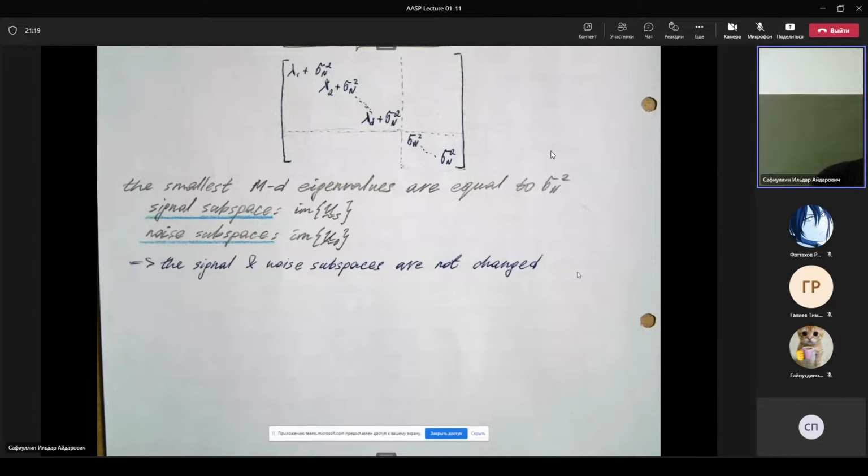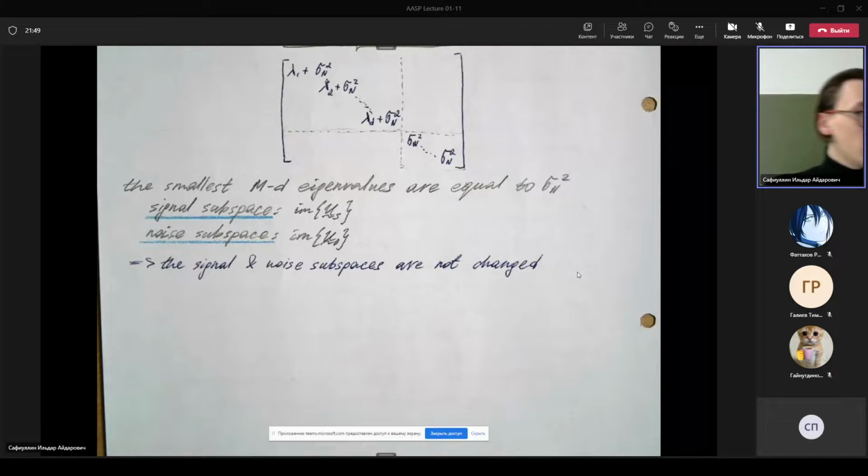Then, based on these two cases, we can go further to subspace estimation. And this subspace estimation will be used for the first algorithm called MUSIC.